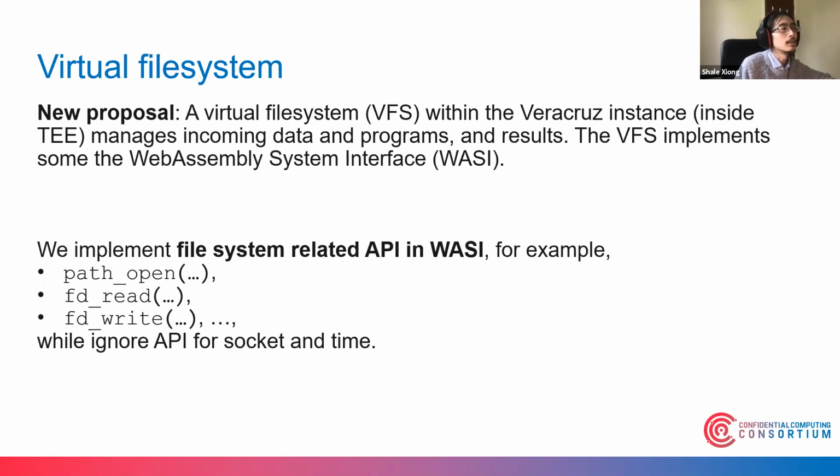They basically standardize some operating system related APIs. For example, there are file system related APIs. There are also some APIs related to socket, time, and random number, etc. In the first draft, we will implement the file system APIs, for example, path open, read and write, while we choose to ignore those APIs related to socket and time for now.